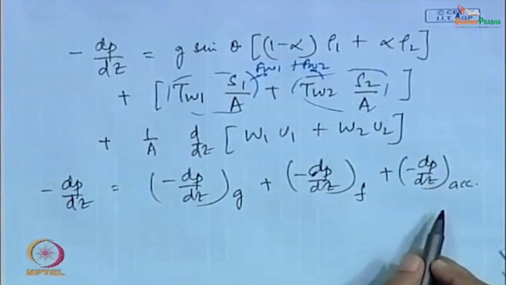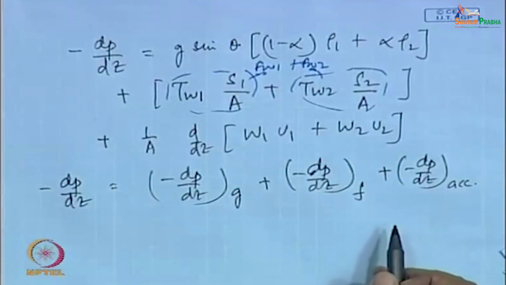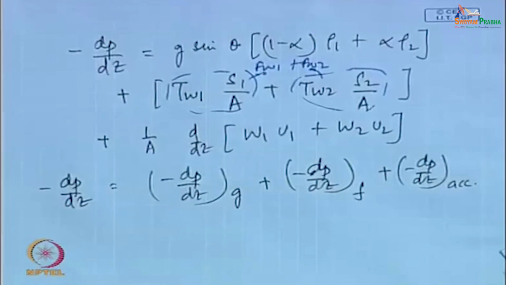So, what we basically did in this particular case, we first considered the two phases separately. We wrote down the momentum equation for phase 1, we wrote down the momentum equation for phase 2, and then we tried to combine them in different ways. In one particular way, we combined them so that they give us the difference between the rate at which the two phases gain kinetic energy, and in the other, a simple addition.